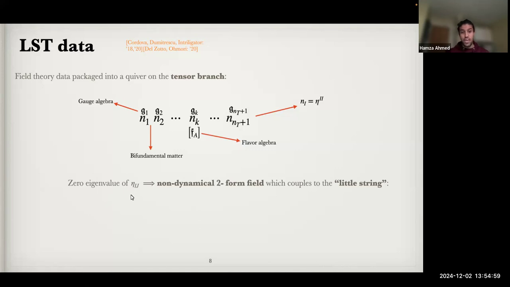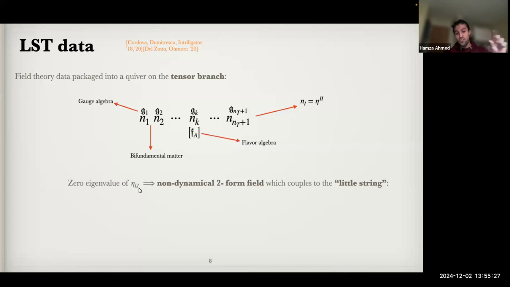But the fact that this eta has a 0 eigenvalue for the LST leads to something qualitatively different in the theory, which is the existence of a non-dynamical two-form field, which couples to what is colloquially known as the little string.